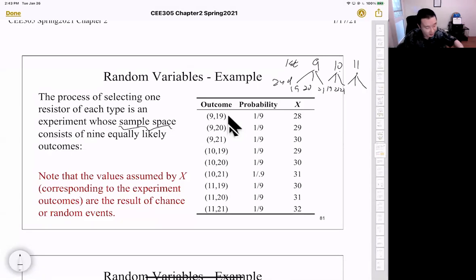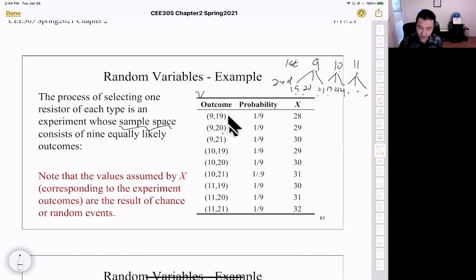So the outcomes will be 9 and 19, 9 and 20, 9 and 21, and so on. And here is the probability. Every one of these 9 outcomes has the same probability, 1 over 9. Then let's add the ohms together.